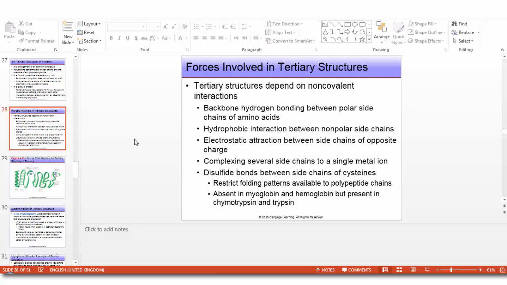Now, the forces involved in tertiary structures are many, and they play a role in holding protein together in its correct native conformation. Some of these forces are covalent and many are not. The primary structure of protein depends on the formation of peptide bonds, which are covalent.